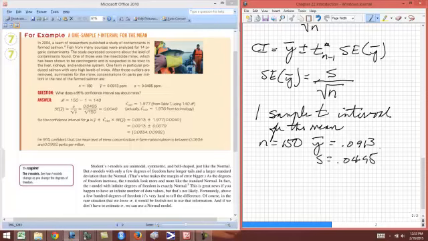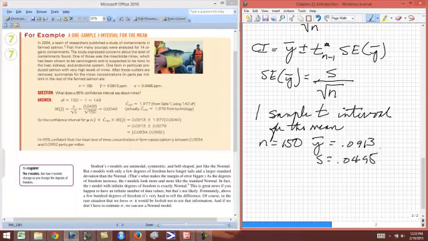You can get this from the t tables in the back, or from your calculator, which I will show you presently. So the confidence interval is y bar plus or minus t star for 149 times the standard error of y bar.